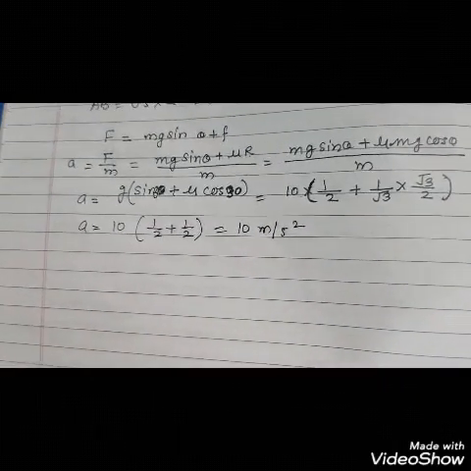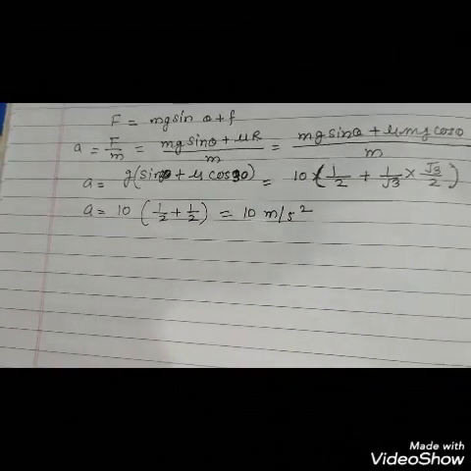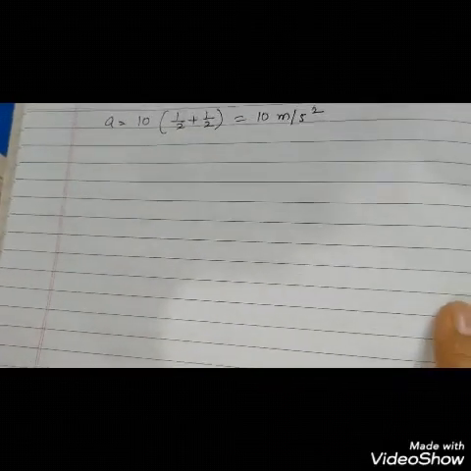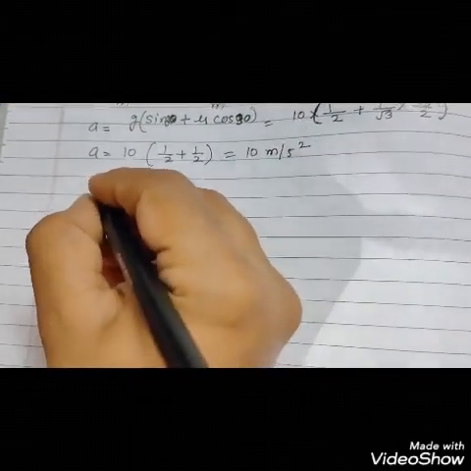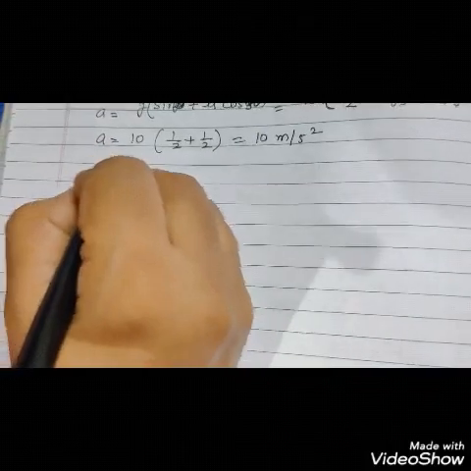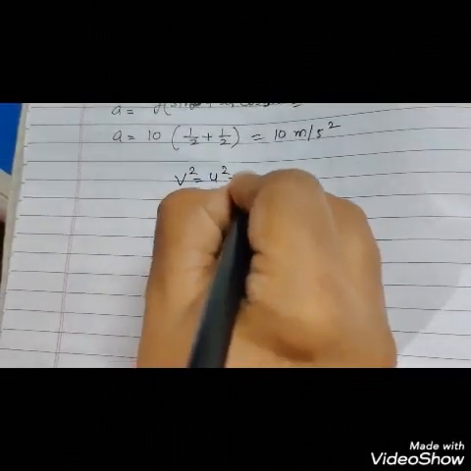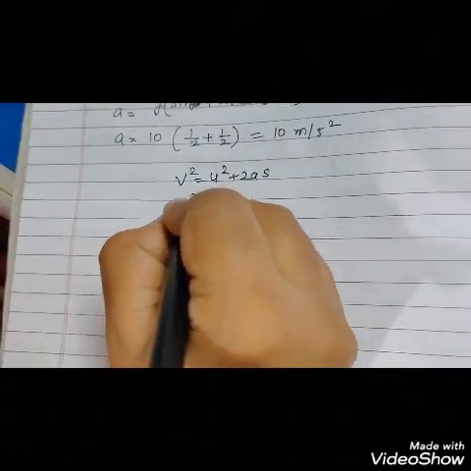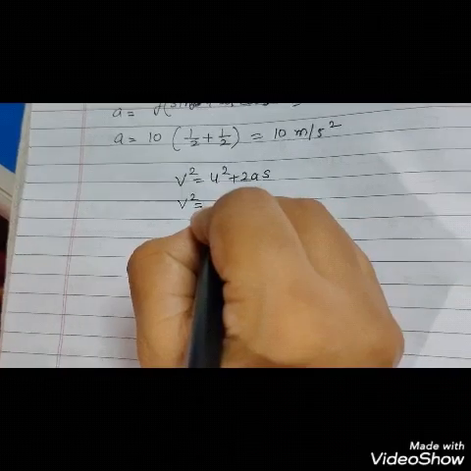Now we have to calculate the final velocity, that means the velocity at the top of the inclined plane. We calculate that by using the relation v square equals u square plus 2as. The initial velocity is given as 5 meter per second.